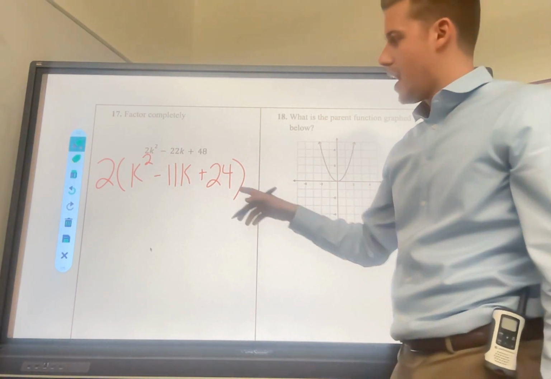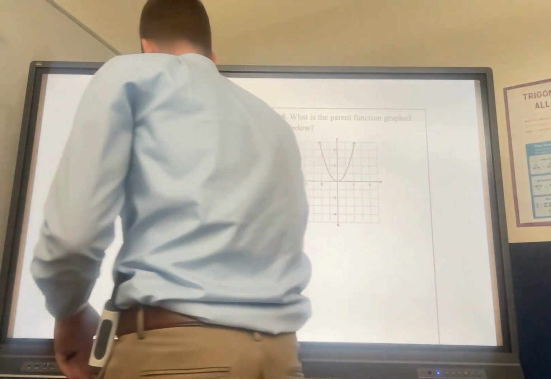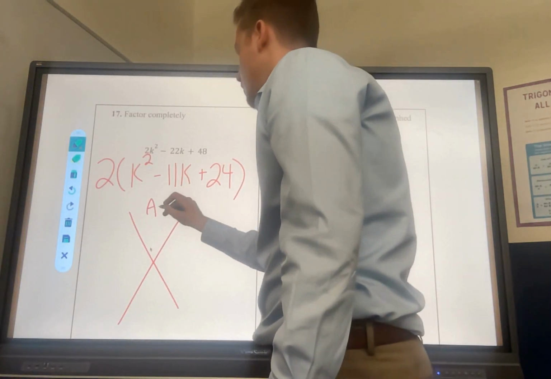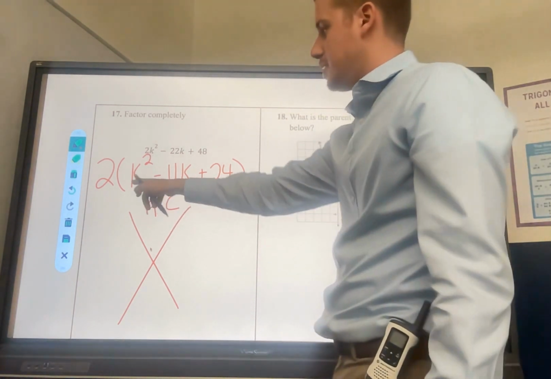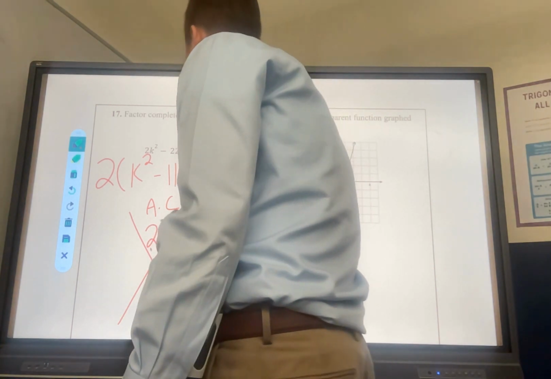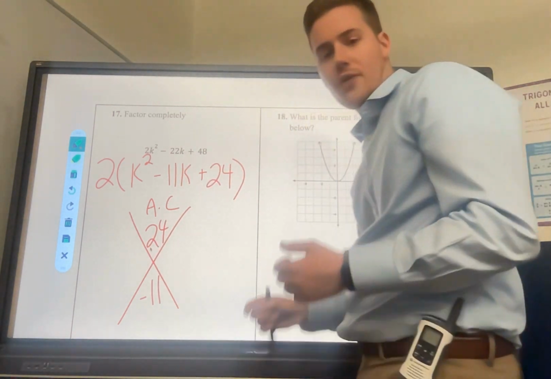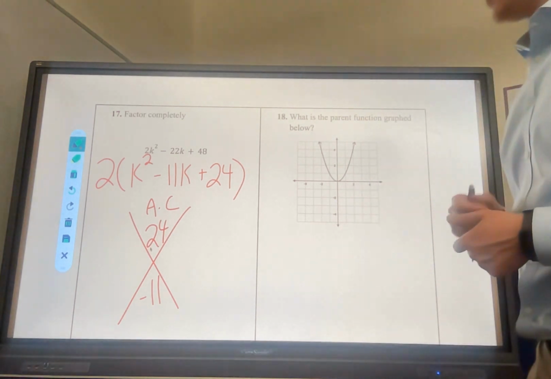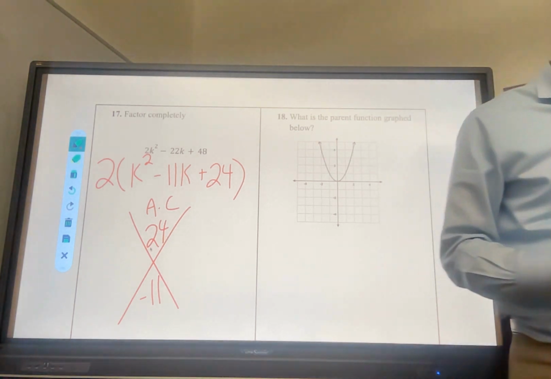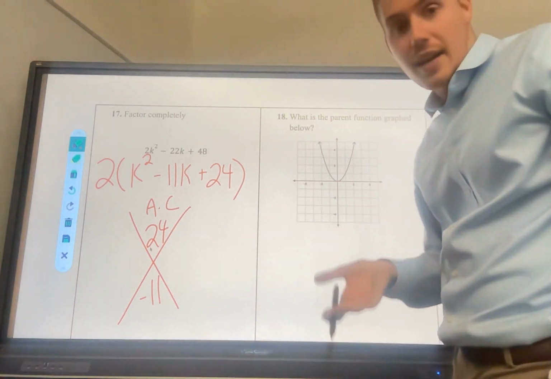All right, and so now I'm going to factor what I have here in the parentheses. Again, factoring using our X method, A times C, now it's 1 times 24. Our B term is negative 11. And so I'm looking for two numbers that multiply to 24 and add to negative 11. In this case, I know those two numbers are going to be, let's see, negative 8 and negative 3.